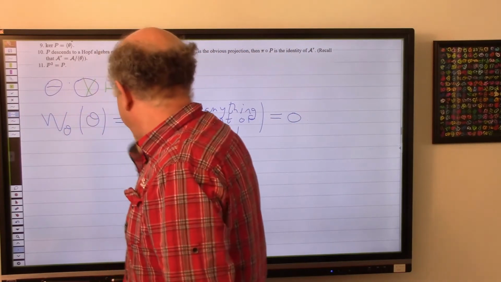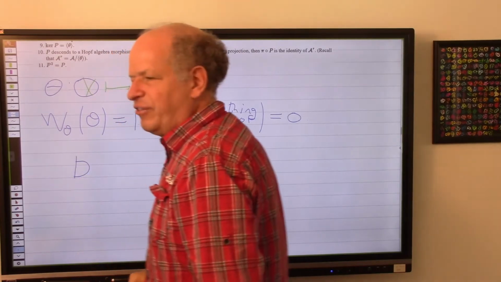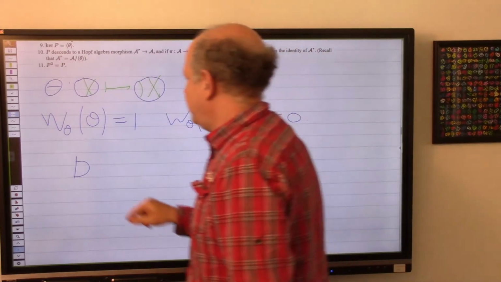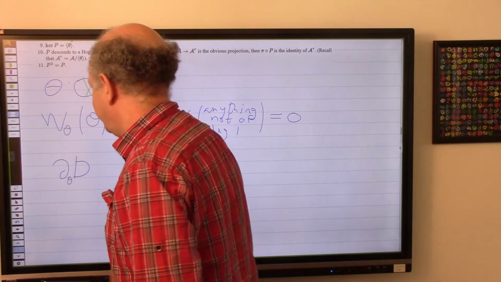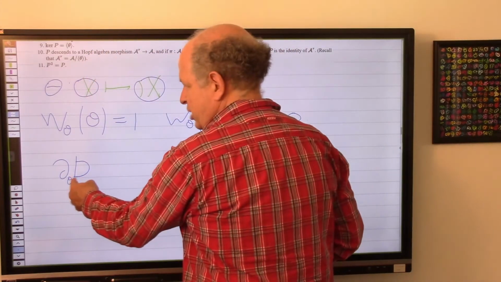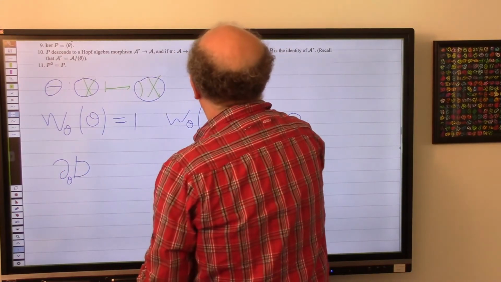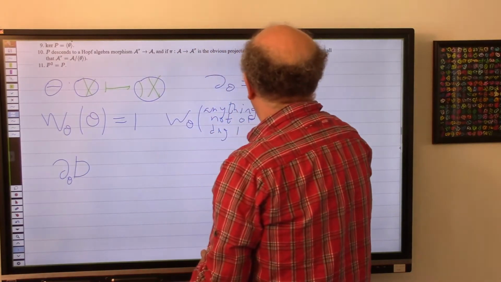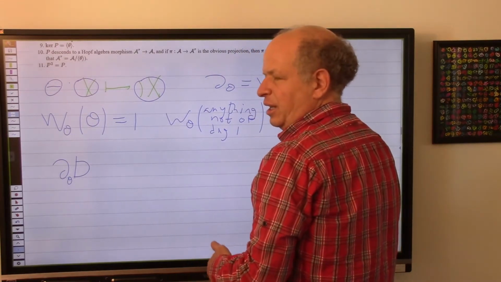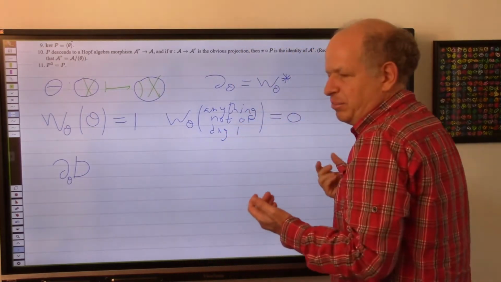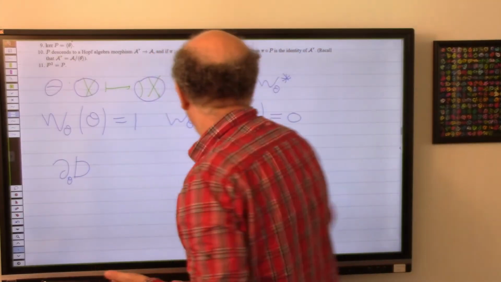So if I have a diagram D, then d theta, this is what I called the adjoint of multiplication by theta. So d theta was w theta adjoint. Maybe I should remind everybody, including myself, what is the adjoint of a linear transformation.